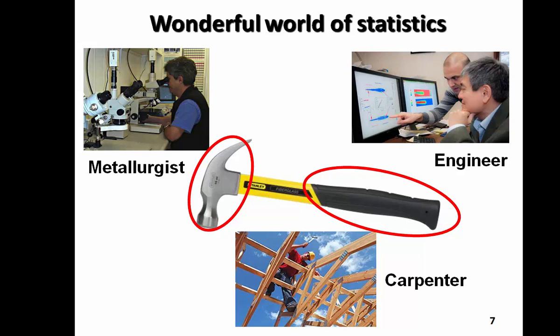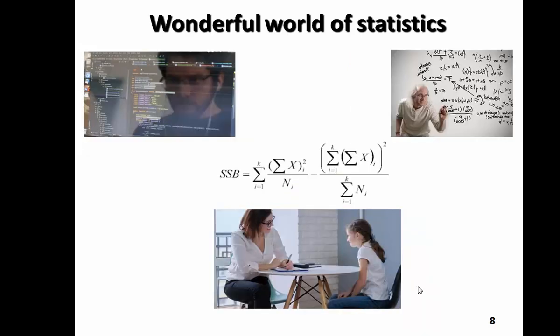The carpenter, on the other hand, views the hammer as the end user. And when we think about statistics, our view here will be that of the carpenter and the hammer, in that we're not going to be designing equations, we're going to be interpreting equations.